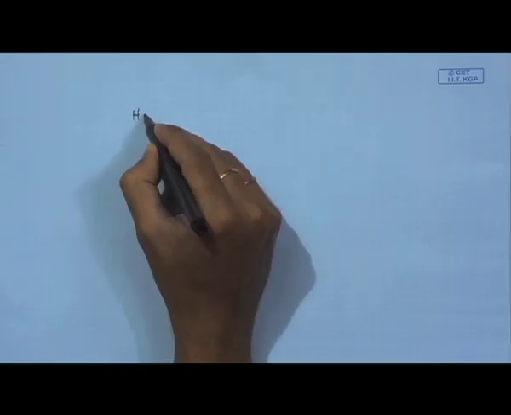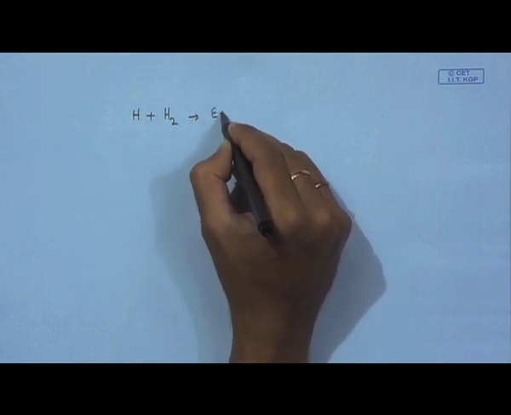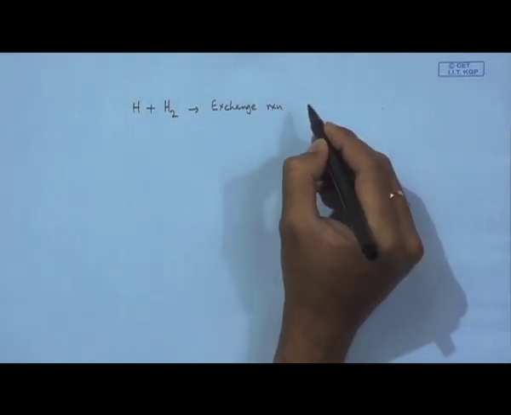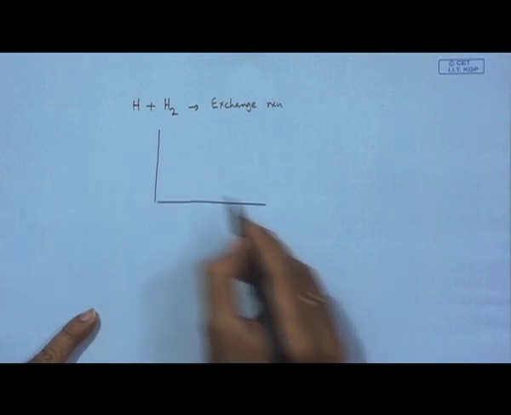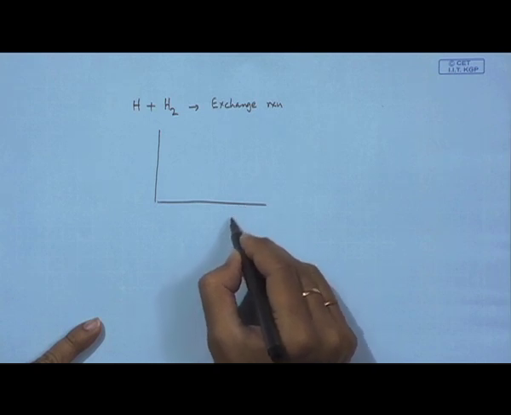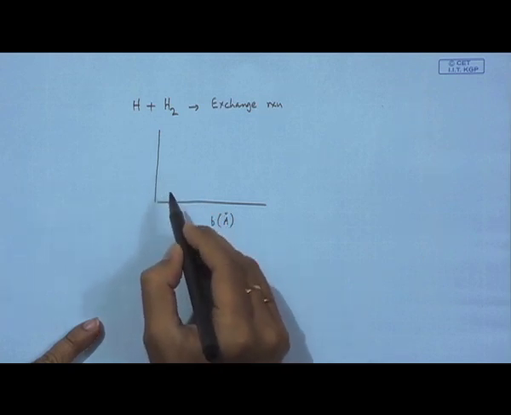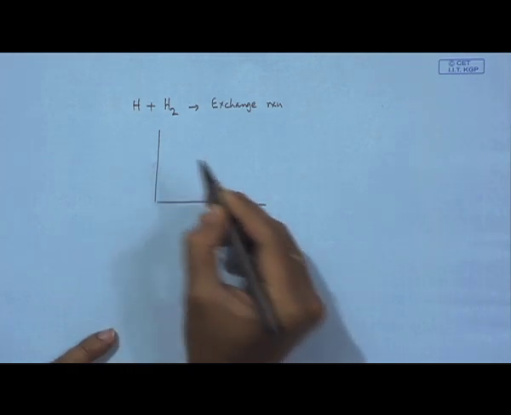Another example is the hydrogen exchange reaction, H plus H2. Okay. So, there is a functional form of this kind, say this is B in angstrom, adopted from a journal resource.